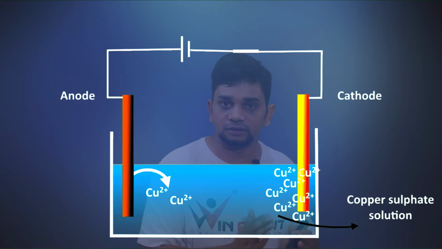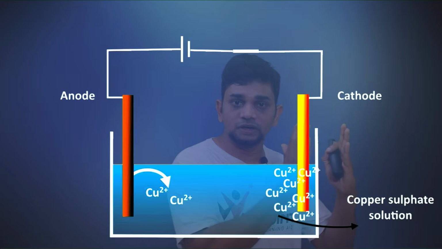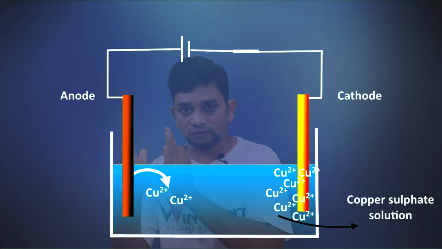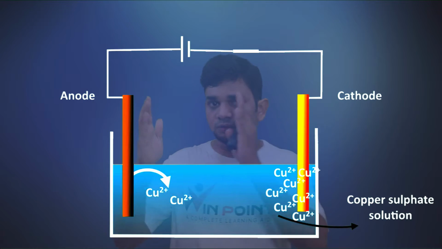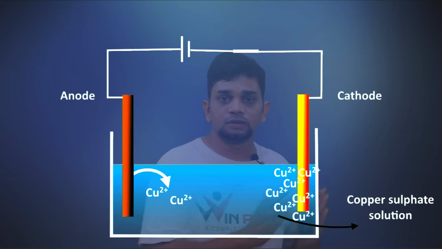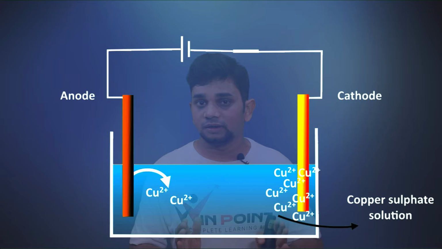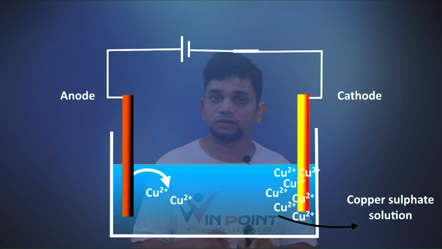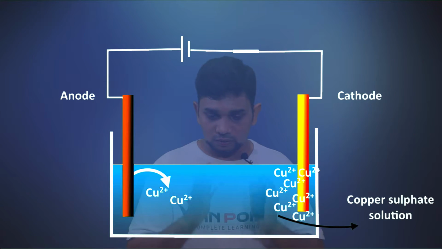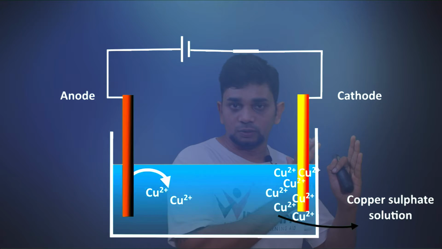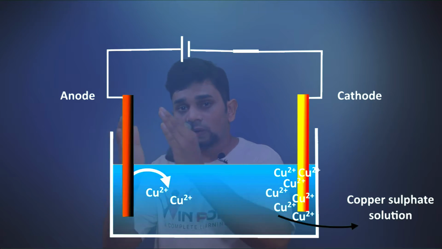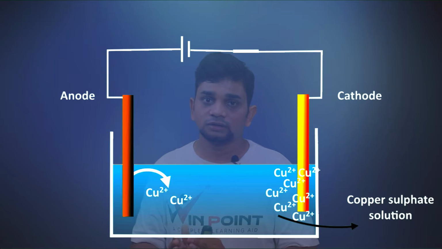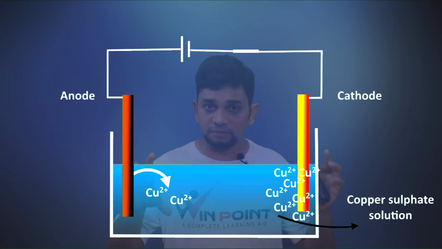So what is going to happen? The thickness of the cathode copper will increase, and the thickness of the anode copper will decrease because it is dissolving into the solution. The dissolving process and the deposition both take place at the same time, so there won't be any change in the concentration of the copper sulfate solution. The concentration of the solution remains the same.